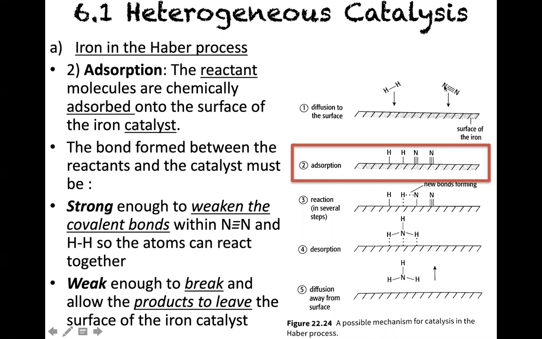Same thing as the nitrogen molecule sticks onto the surface of the iron catalyst, the triple bond is being weakened or broken. So that needs to be strong enough to weaken the covalent bonds. But don't worry about that.